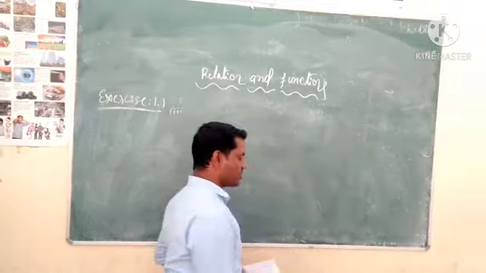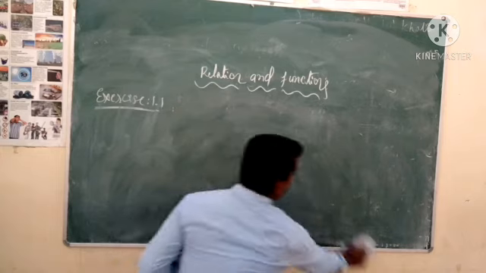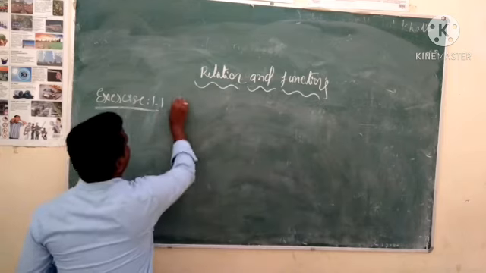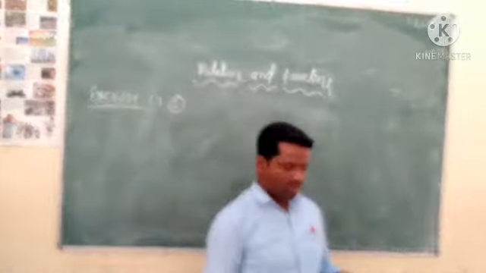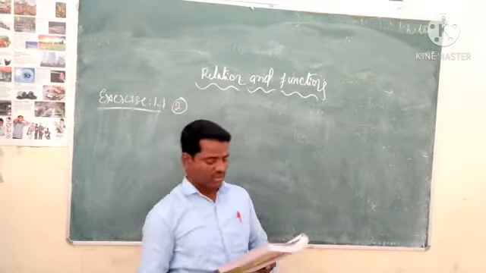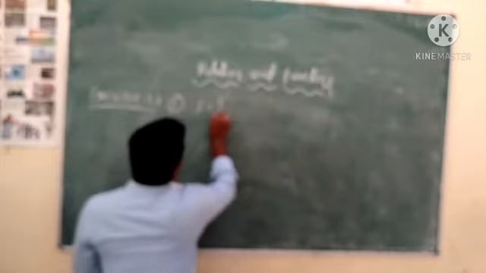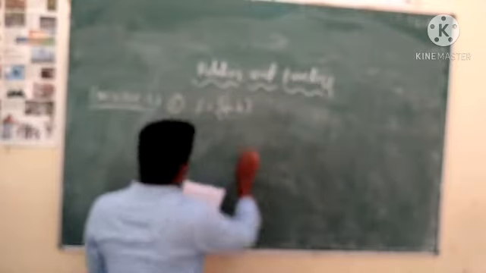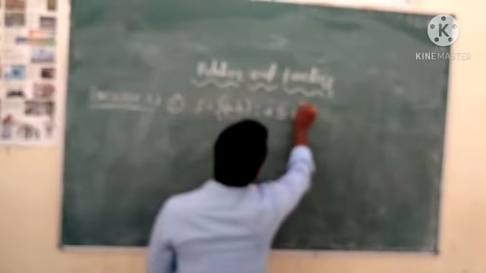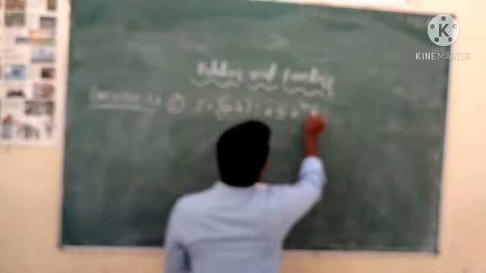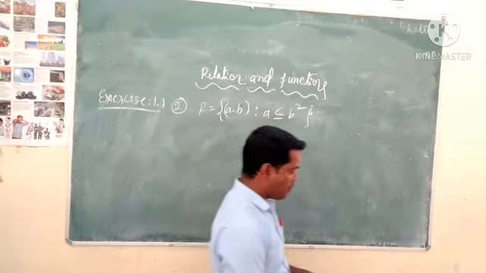Next, we will go for the second question. Show that the relation R in the set of real numbers defined as R equal to {(a, b): a is less than or equal to b squared} is neither reflexive, nor symmetric, nor transitive.